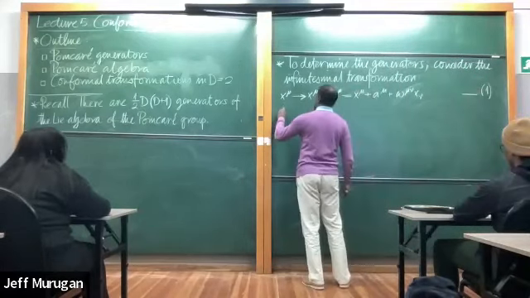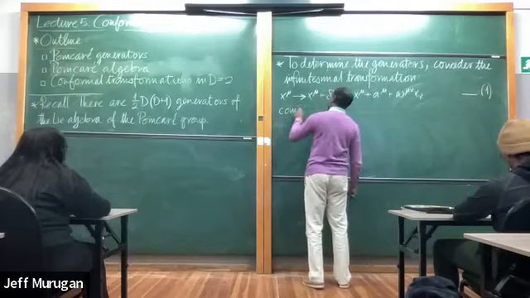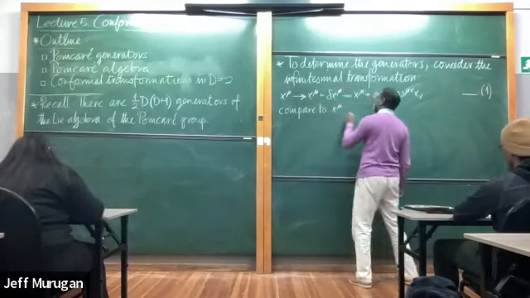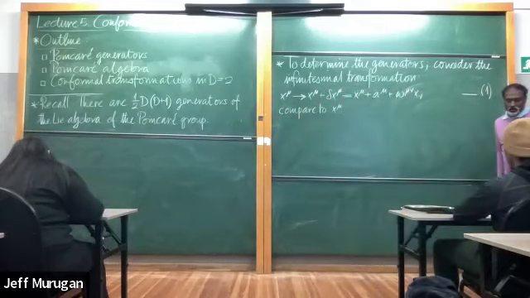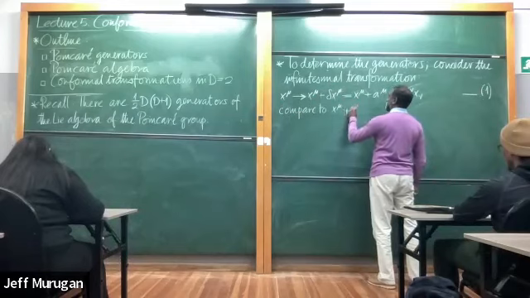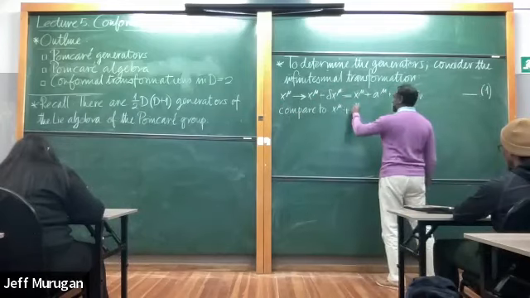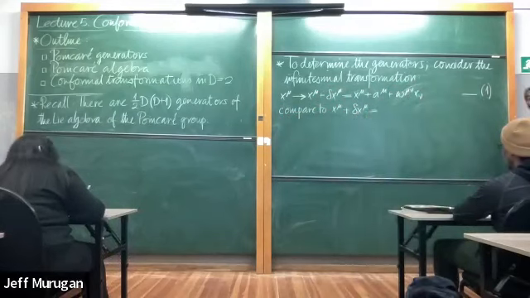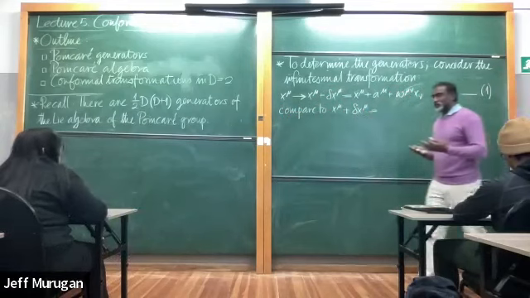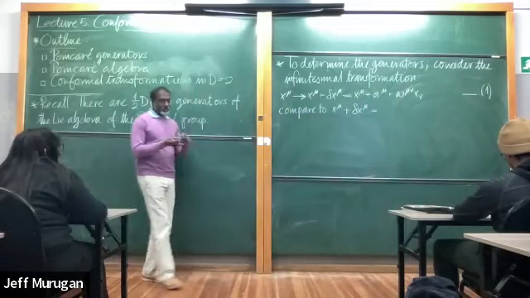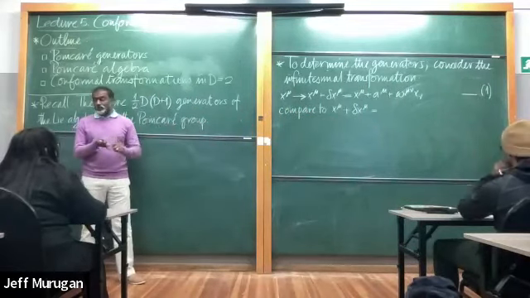Then I compare this to the form x nu plus delta x nu that I know, because any Poincare transformation is made up of translations as well as Lorentz transformations.